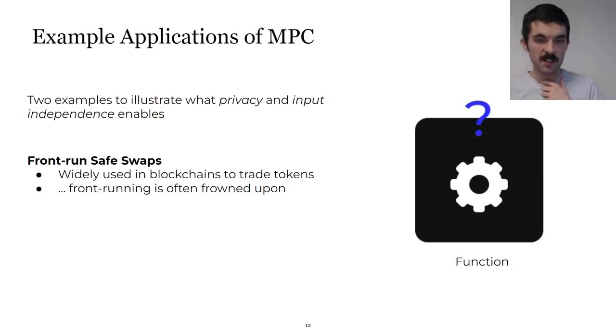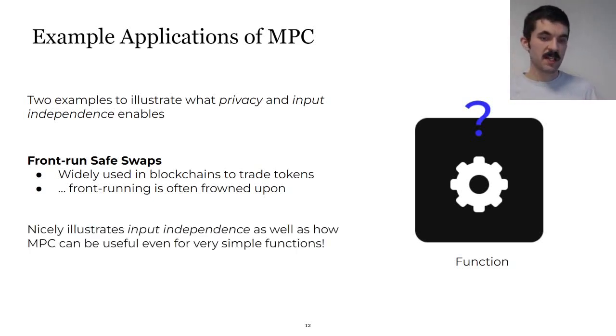Swaps on blockchains have this issue that people often frown upon, that it's possible to front run them. If there is a certain amount of slippage between the actual price and the price that you specify in the swap, you can abuse that to essentially earn money without risking anything. It turns out that you can actually use MPC to fix this issue.